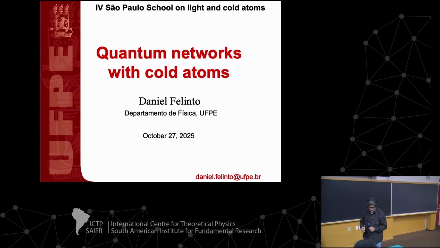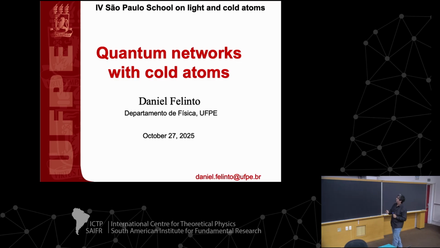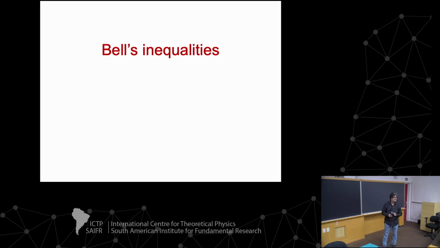And the thing is, for this last lecture, I want to take one step back, because in my last lecture I felt the need to introduce the idea of Bell inequalities, because I used it. Bell inequalities are very important to characterize entanglement in many different systems.